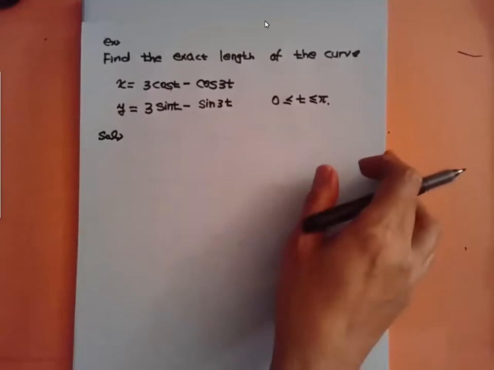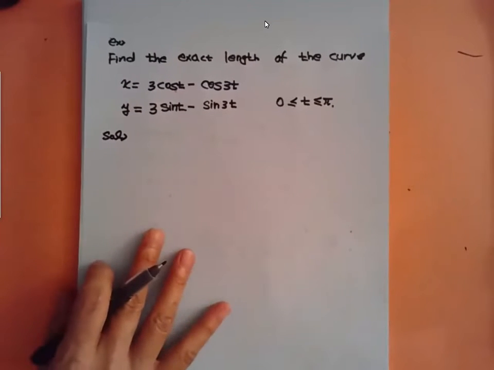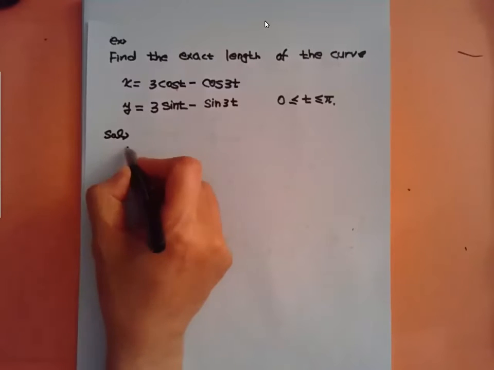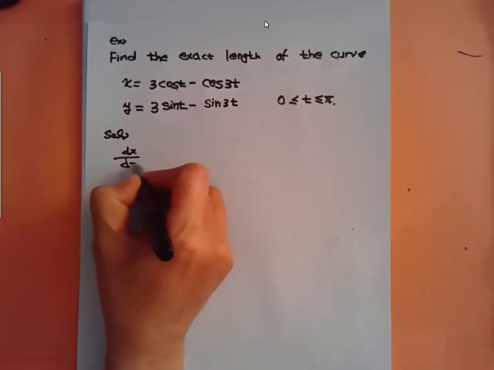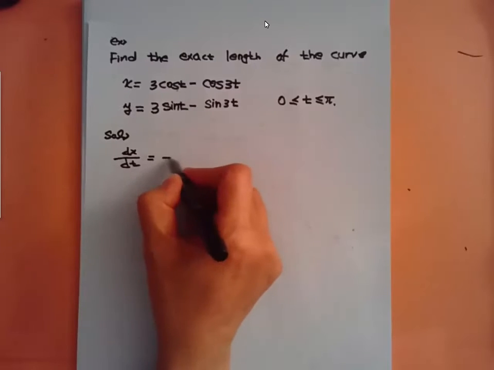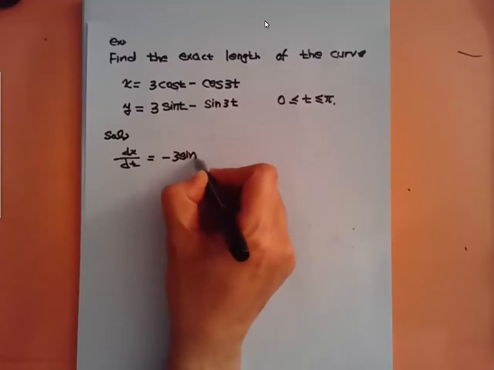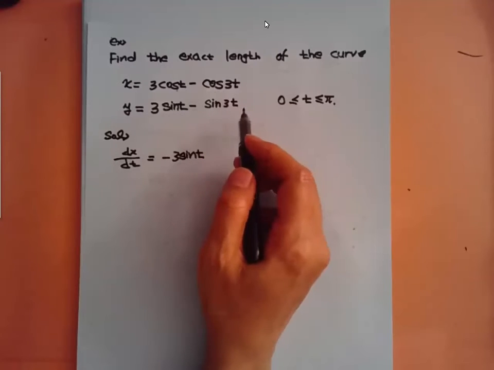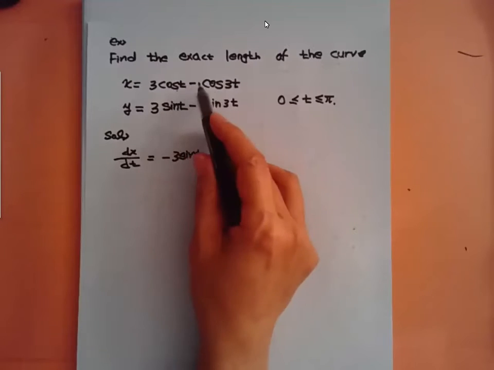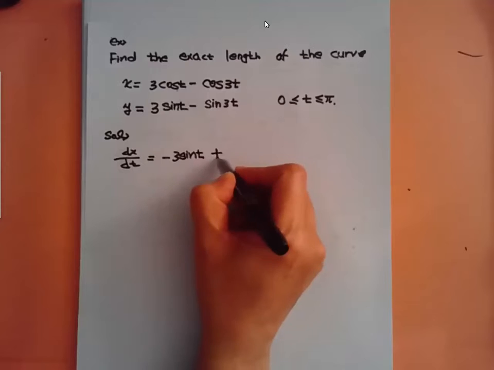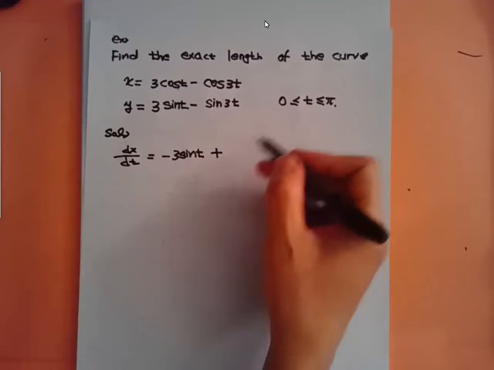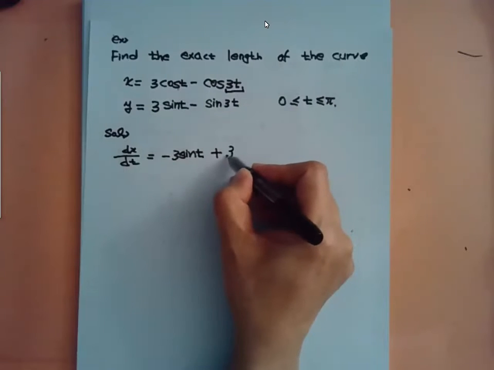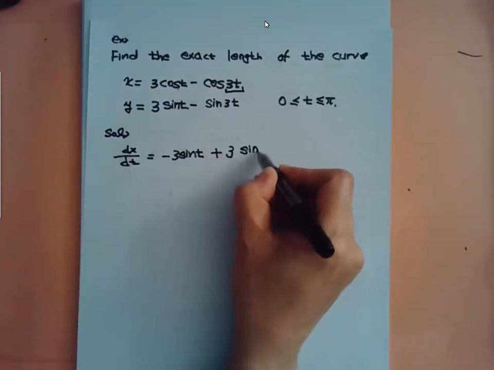By the formula, we have to calculate the derivative of x and y with respect to t. So dx over dt equals minus 3 sine of t, and then cosine's derivative is minus sine t, so minus minus will make plus, plus sine t, but we have to apply the chain rule, so we would write 3 here times sine of 3t.